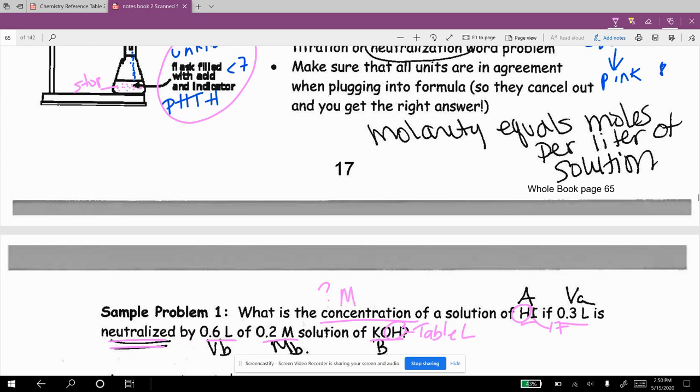So when I figure out concentration, it is molarity. When I need to solve for molarity, I have two different formulas. I have molarity equals moles over liters, and I have molarity of the acid times volume of the acid equals molarity of the base times volume of the base. So how do I know which one to choose? Well, first of all, this one has two volumes.